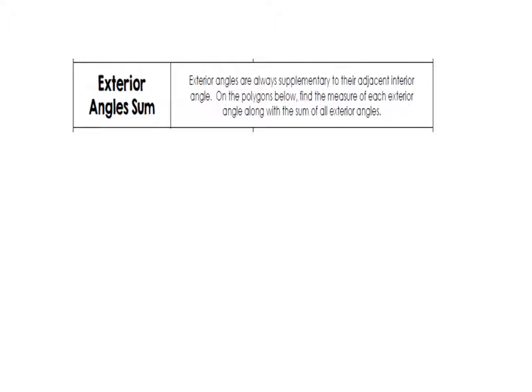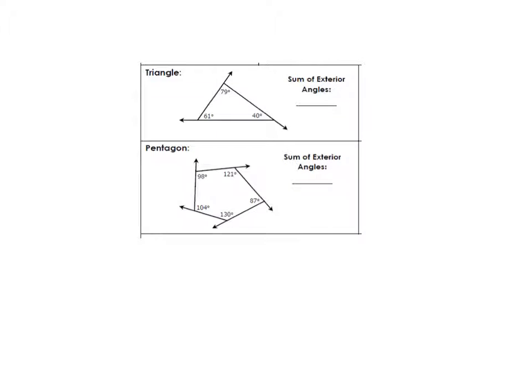Okay, next we're going to talk about exterior, the sum of exterior angles. So the exterior angles, first, they're going to be supplementary to their adjacent interior angle. However, if we are going to find the sum of the exterior angles, all the exterior angles will come up to 360 degrees. So here we go. Here we have interior angles. Let me just go ahead and shade that so you can see.